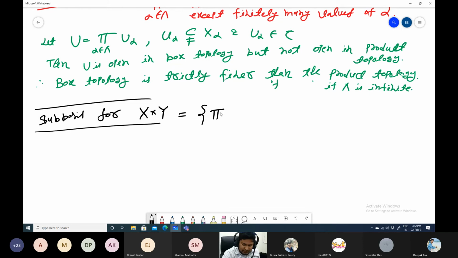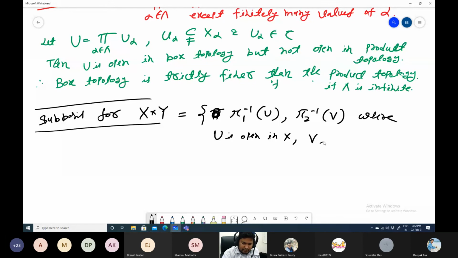I should write it this way: pi 1 inverse U and pi 2 inverse V, where U is open in X and V is open in Y. Do you remember this collection forms a subbasis for the topology X cross Y? Do you remember that?